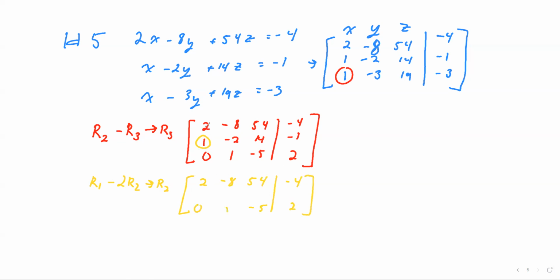All right, so here we go. So 2 minus 2 times 1 is just 0. Then you have -8 minus, this would be +4. So -8 plus 4 is -4. And then you have 54 minus 28.